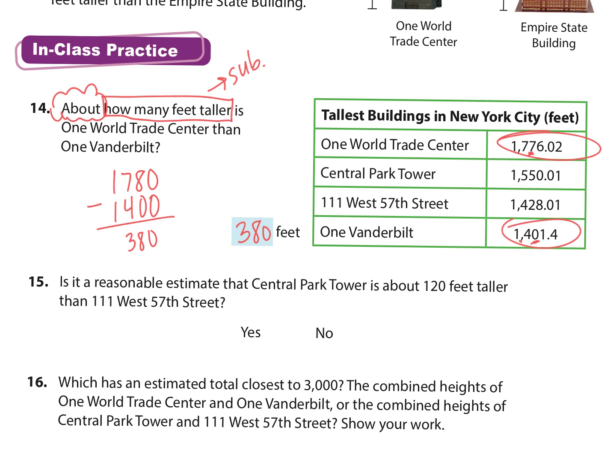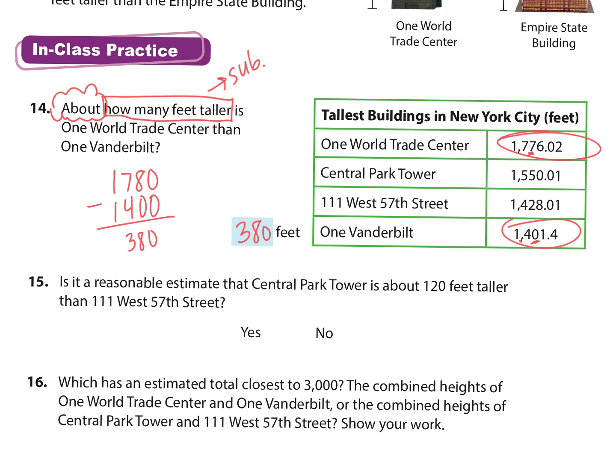The next question says, is it a reasonable estimate? Reasonable estimate means, first of all, we know what estimate means. It's a rounded answer. But reasonable means, does it make sense? Like, is it my best option? Okay, reasonable, does it even make sense? So is it a reasonable estimate that Central Park Tower is about 120 feet taller than the other one?